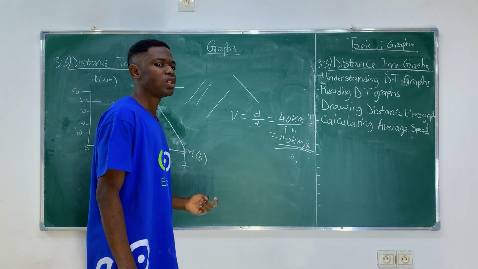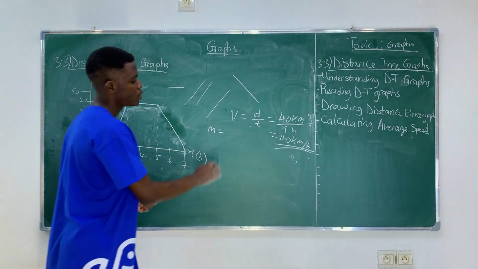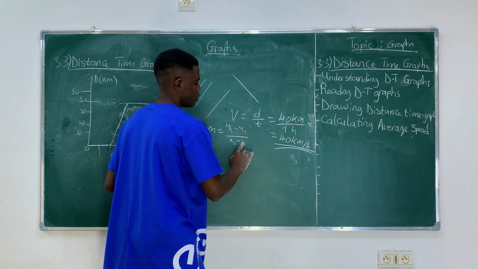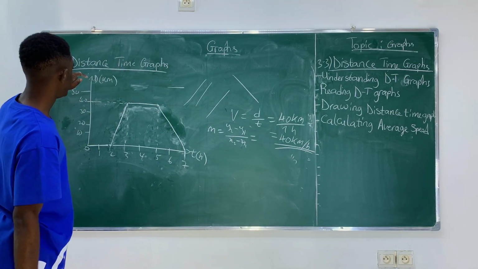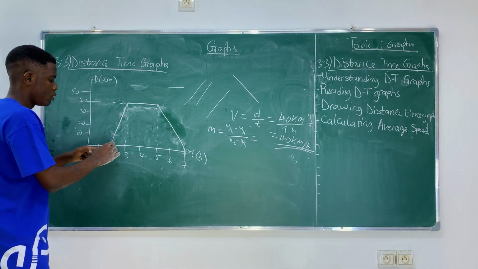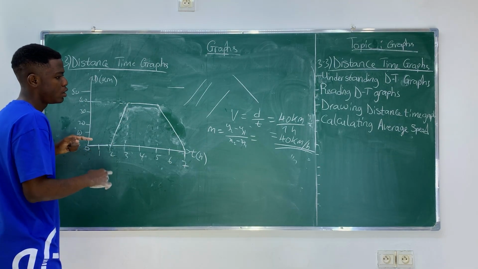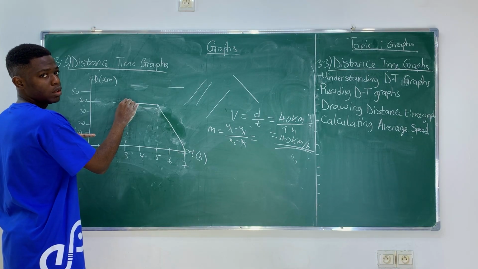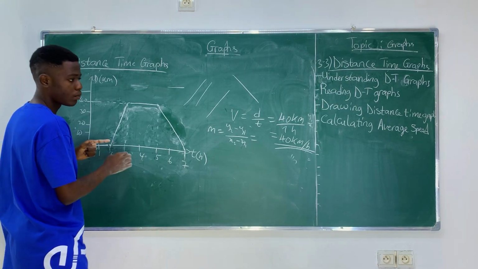You can also do it using the equation: speed is equal to y2 minus y1 over x2 minus x1. Y in this case is distance, and x in this case is time. So y2 is 40 minus y1. y1 is 0. How do you know y2? y2 is the distance at which it stopped, minus y1, the distance at which it started.